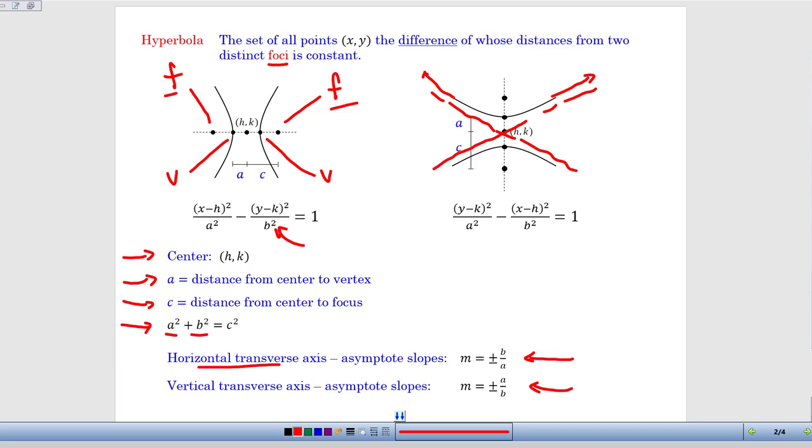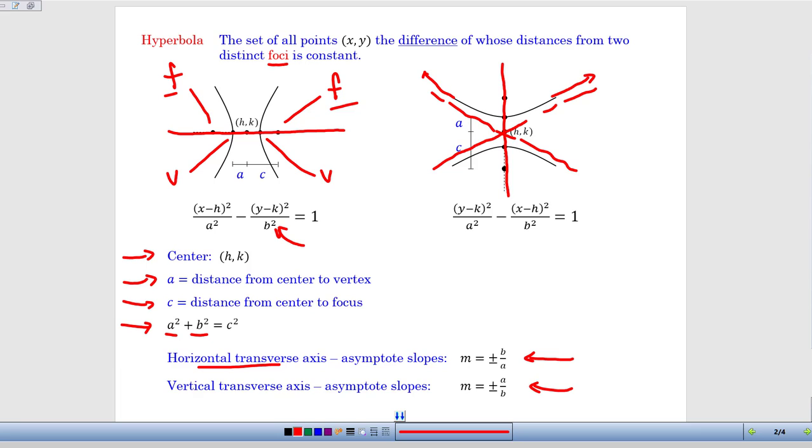So for a horizontal transverse axis, meaning when the axis that contains all of the center, vertices and foci is running horizontally, then it's supposed to be plus or minus b over a. When it's a vertical transverse axis, it's supposed to be plus or minus a over b. So in the circumstance here, where all those points are on the same vertical line, it's a over b.